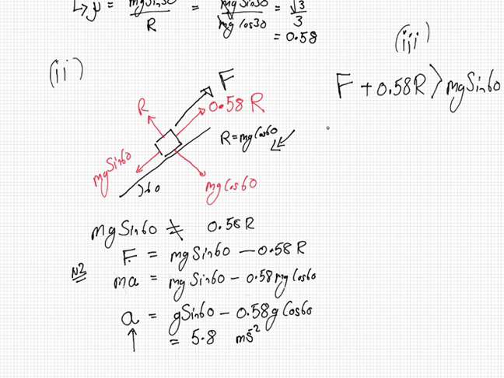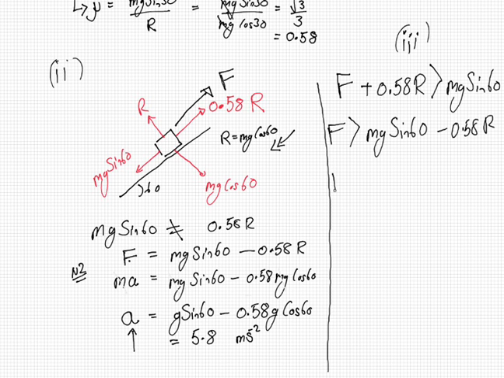So that means you need F to be bigger than mg sine 60 minus 0.58 R. But we know what R is. It's mg cos 60. So, sorry, it's getting a bit messy here.